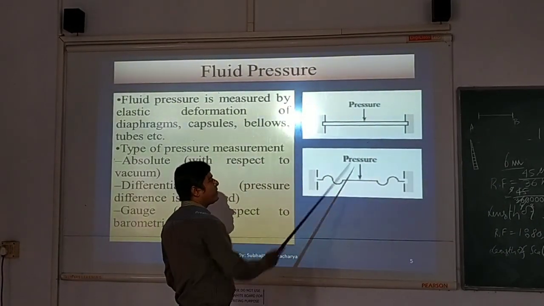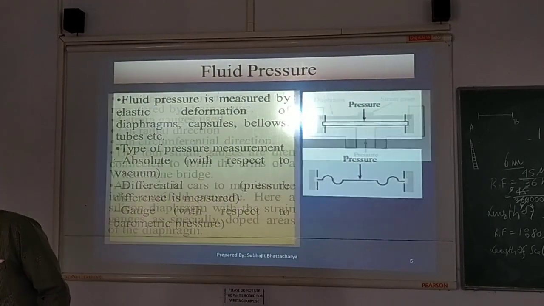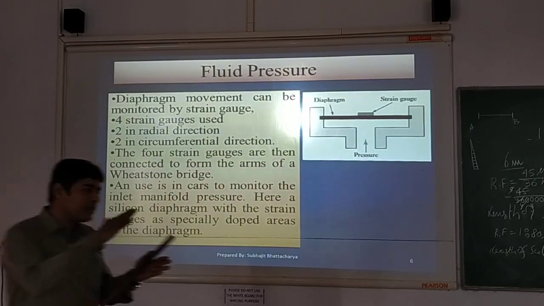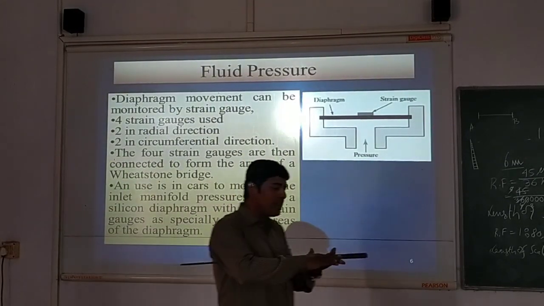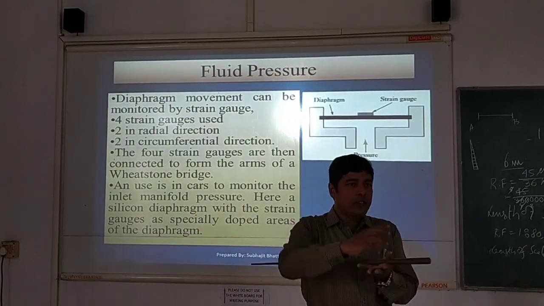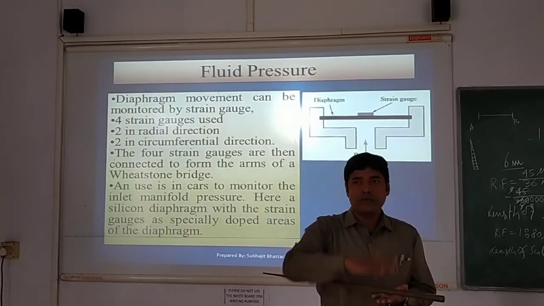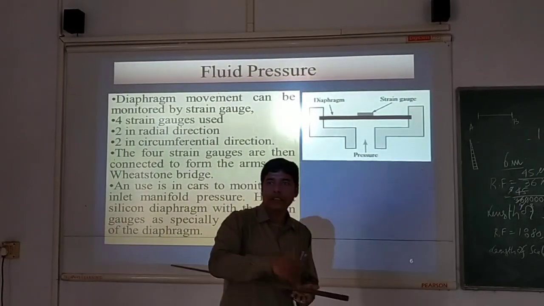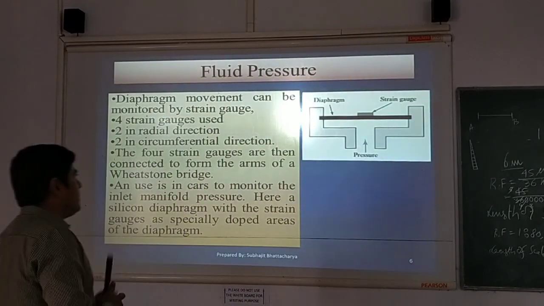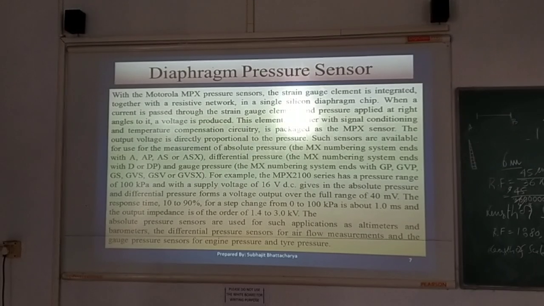It can be a plain diaphragm, a corrugated diaphragm, a double corrugated diaphragm, or a bellows diaphragm. These are in increasing order of sensitivity. The same principle will be utilized here.